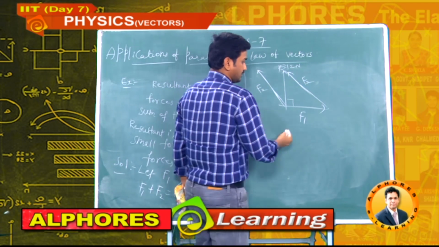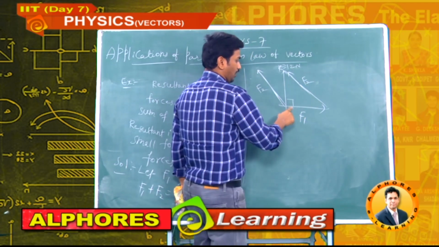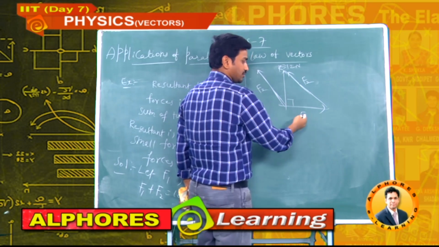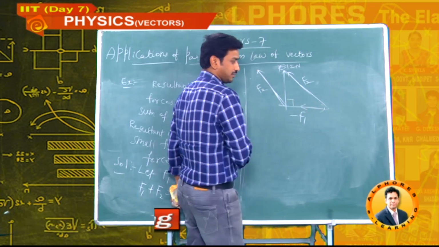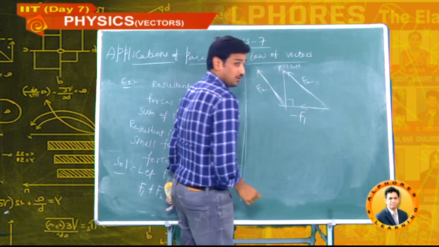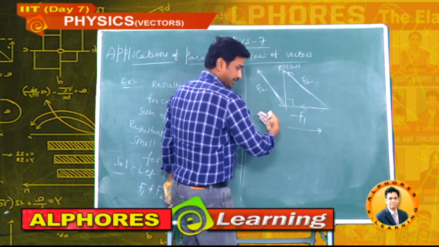Now see this, here I will do one thing. Can I reverse F1? This is F1, what about the reverse? Minus F1. Sir, why are you doing this? This is F1, the opposite is minus F1.